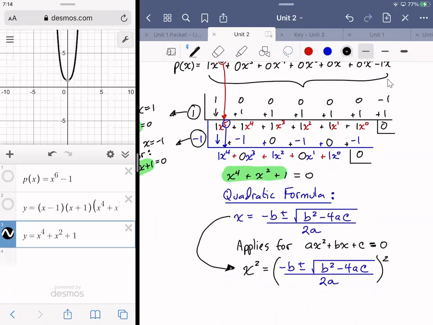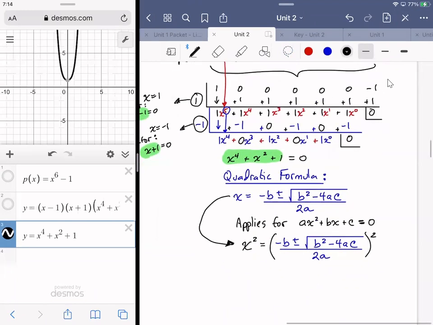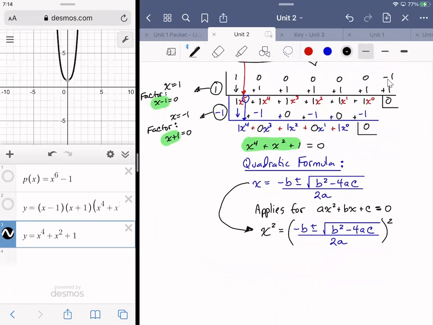I mean, it is an equation, so you can square both sides of it. Okay? That's a valid move. It's a property of equality. Okay? So if I want to apply the quadratic formula here, what I would do is I would say, all right, I got x to the 4th plus x squared plus 1 is equal to 0. Understood, coefficient of 1 and 1.